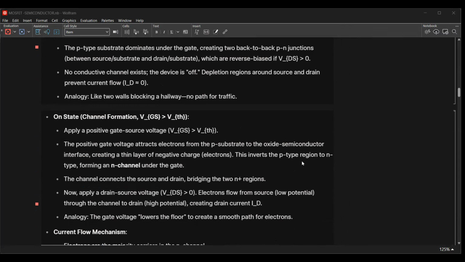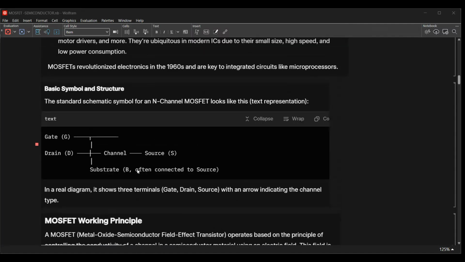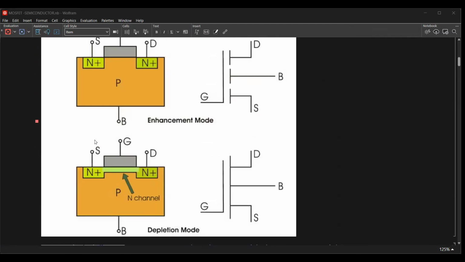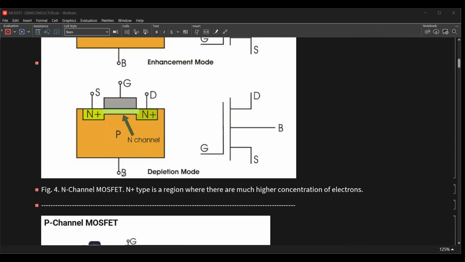This inverts the P-type region to N-type, forming an N channel under the gate. Because we have applied the positive voltage to the gate, we have an attraction between the positive and the negative. So the electrons are attracted to this channel.